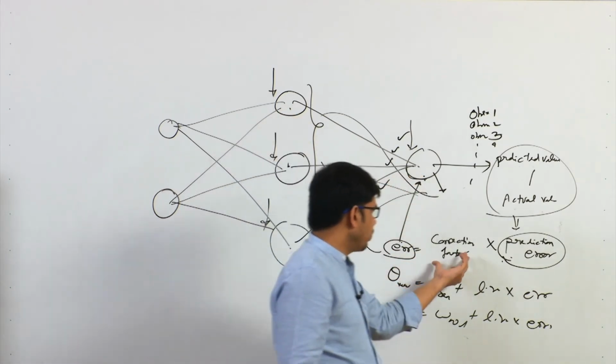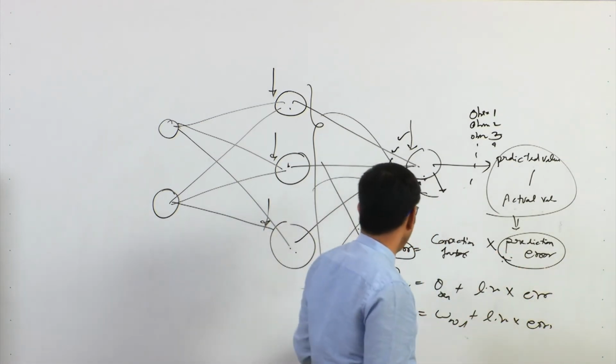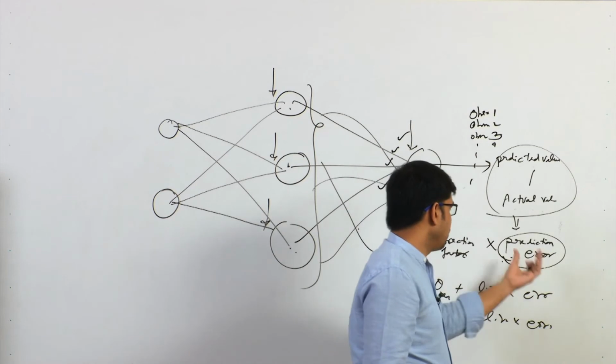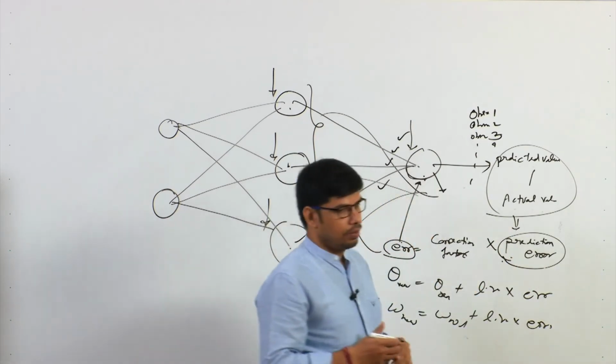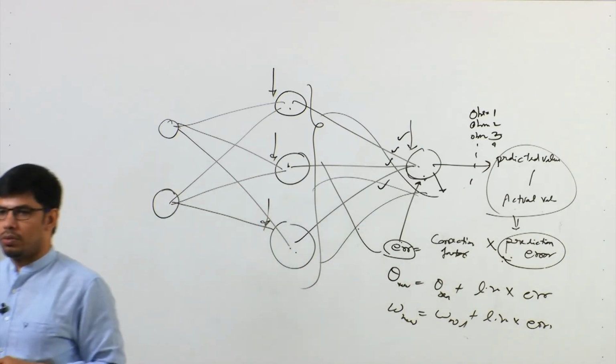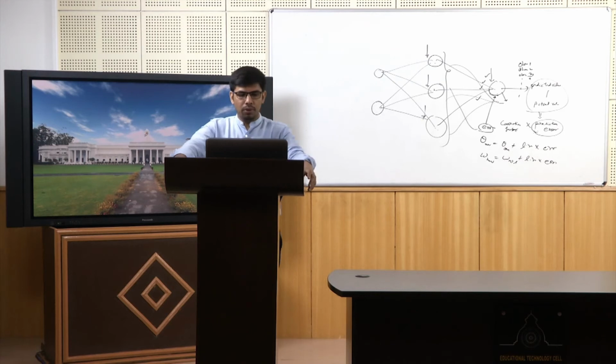For the output node, the correction factor would be multiplied with the prediction error. For a hidden layer node, it would be multiplied by the error value that is computed for the output node. In this fashion, all the weight and bias values are going to be updated.